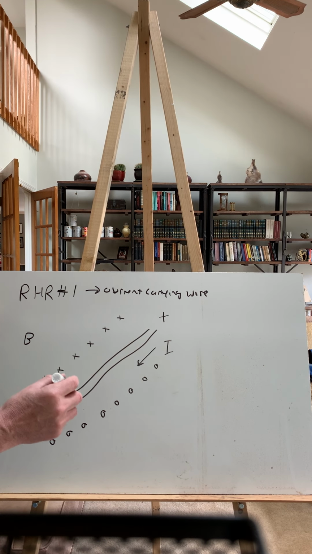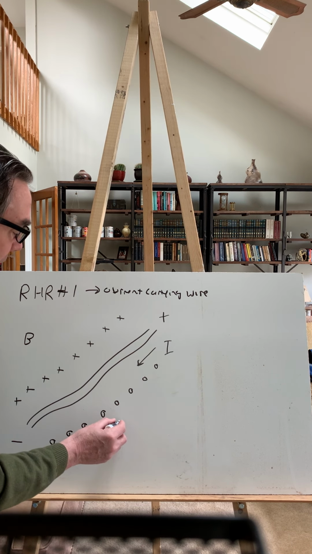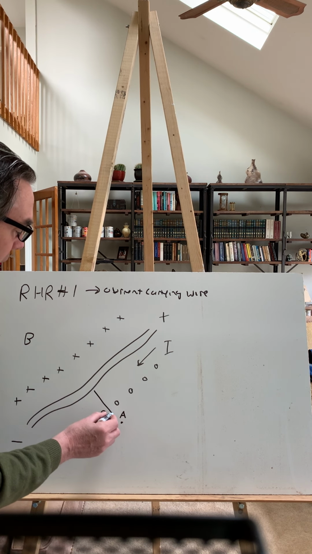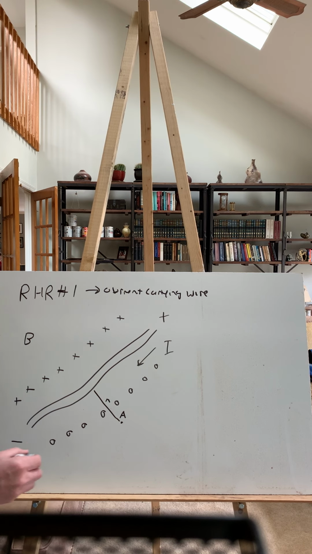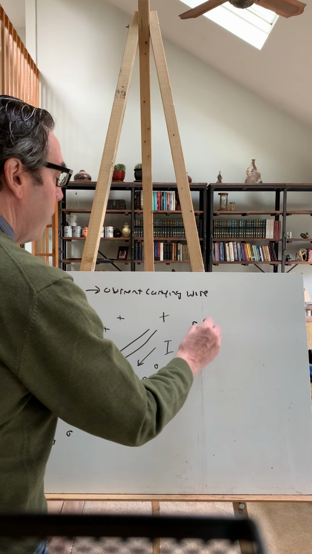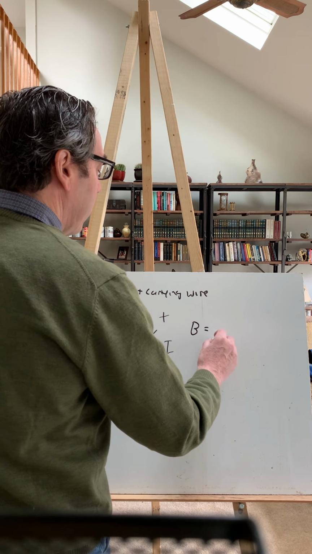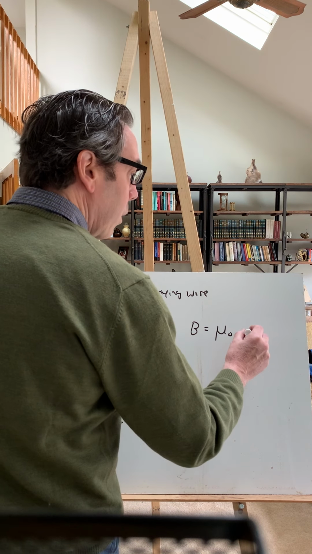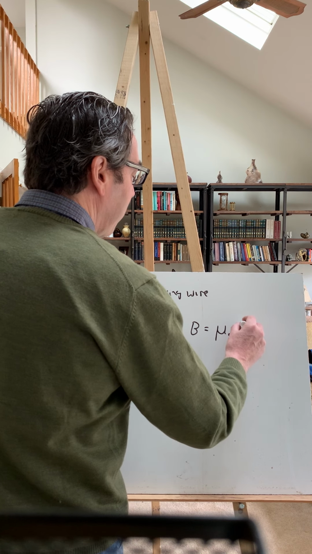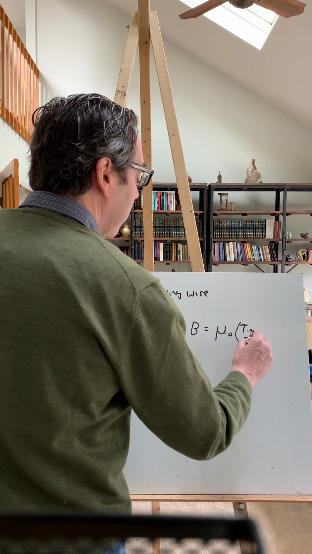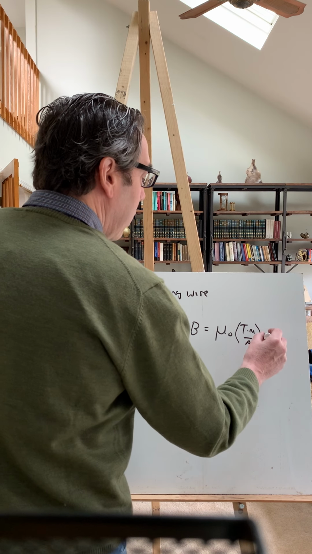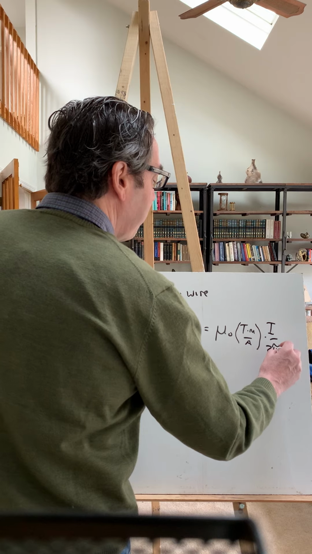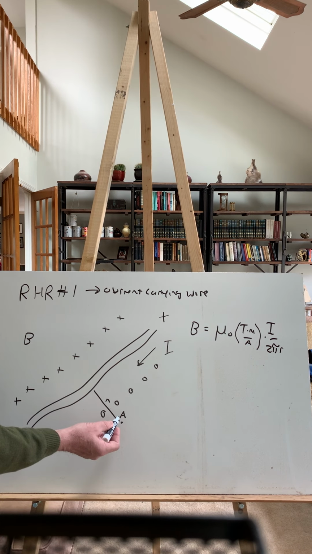And now we know that the strength of the magnetic field at some point A, a distance R from the wire, B equals mu 0, that's in Tesla meters per amp, times the current over 2 pi times the distance from the wire to the point.